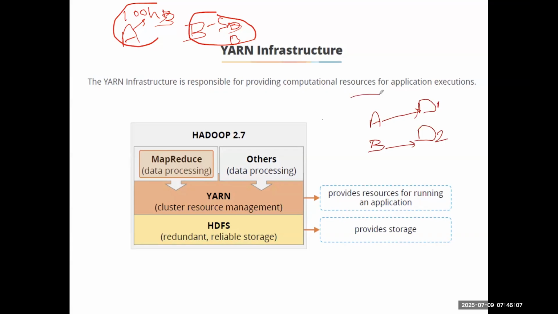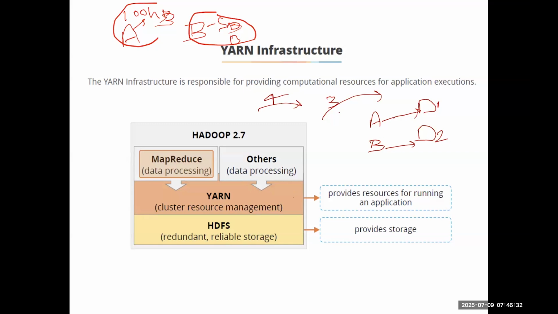Let's suppose you submitted some other job, job three, and after that another job four. So resource manager, what will happen to job three and four? These two should wait until A and B finish, because you don't have any resources to start job three and job four, as all the resources are used by these two jobs.